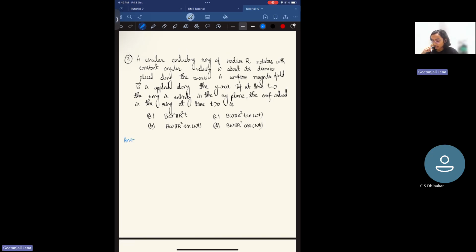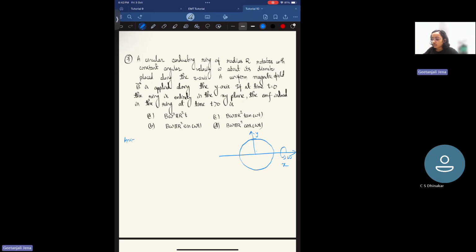Let me reiterate the question. So there is a circular conducting ring of radius R, which rotates with constant angular velocity omega about its diameter. So this is along x, this is along y.